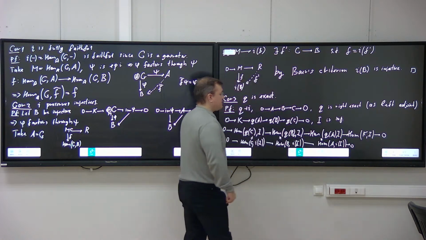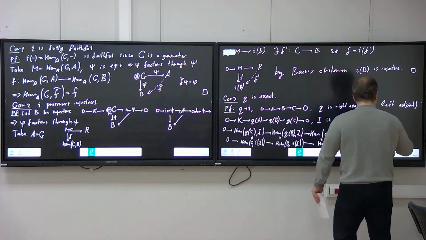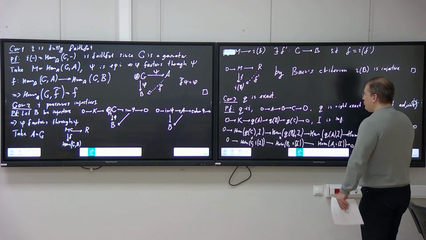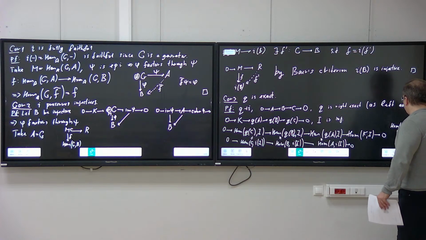But if this is a short exact sequence, it means that, so finally the conclusion is that the Hom from K to the I is 0, and that is true for any injective object, right? But this implies that the K is equal to 0, right?